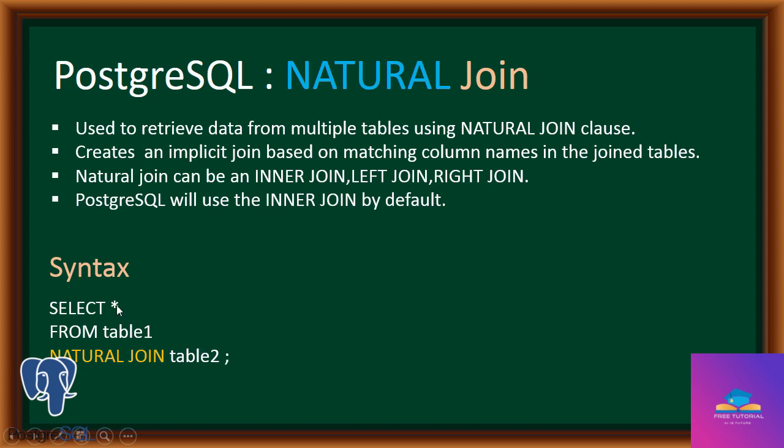If you also use an asterisk rather than the actual column names in the select list, the result will contain all the common columns, which are the columns in both tables that have the same name, and every column in the first and the second tables that is not a common column.